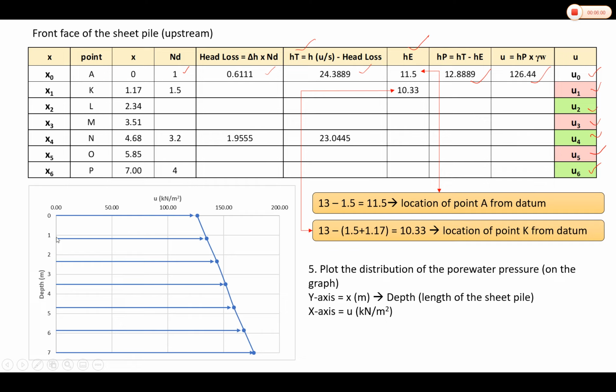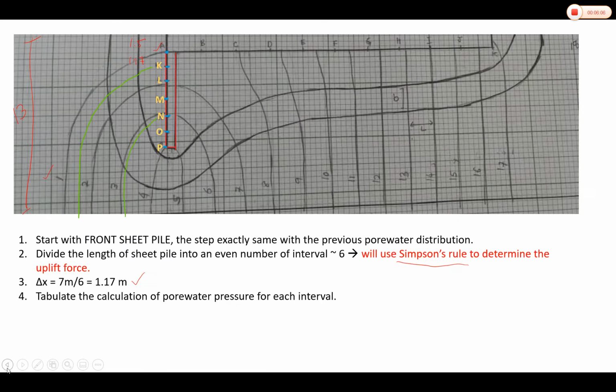For this case, the y-axis is the depth or the length of the sheet pile, because the sheet pile is located vertically like this. Compared with the dam previously, where we made x the x-axis, for this sheet pile we follow the direction of the sheet pile, which is vertical.